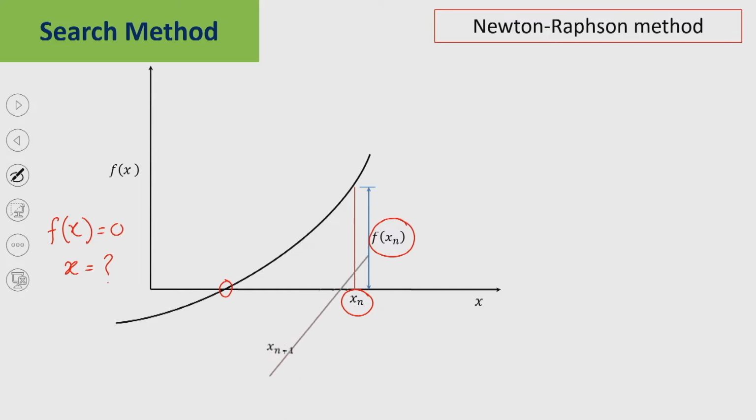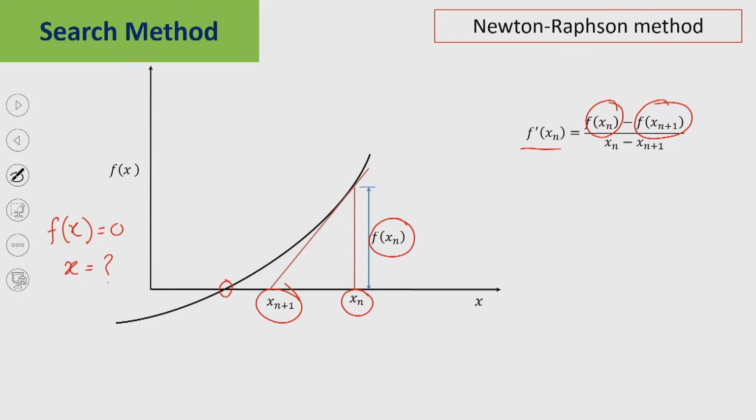If I approximate the gradient at that point, the first derivative, it is f of x n minus f of x n plus 1, divided by this distance.